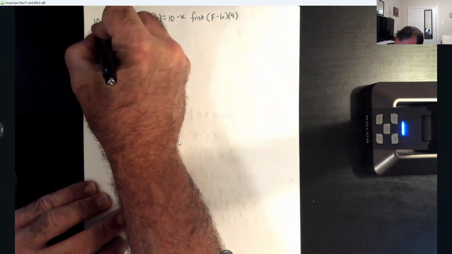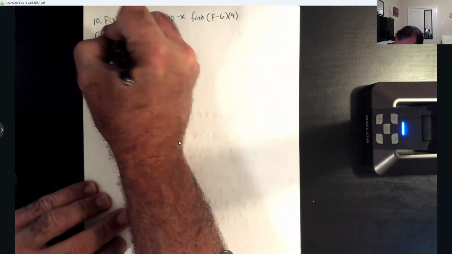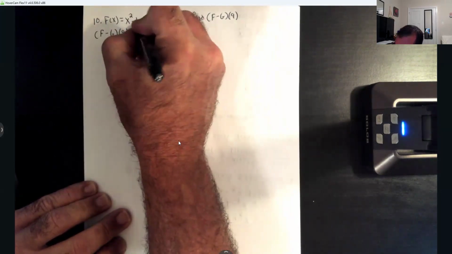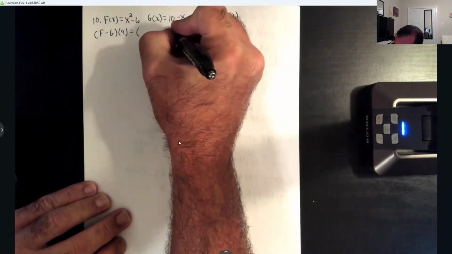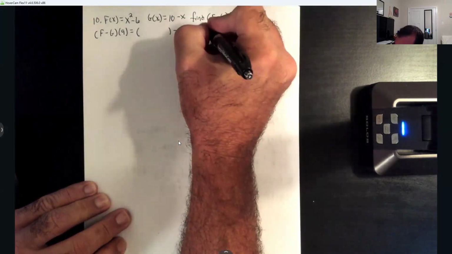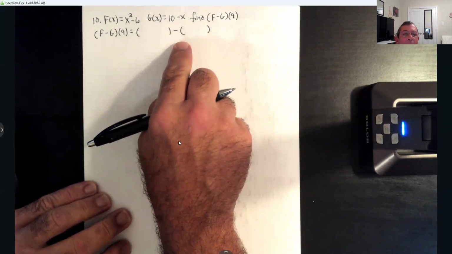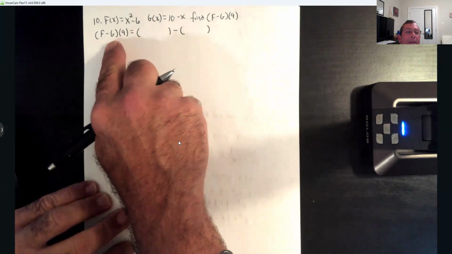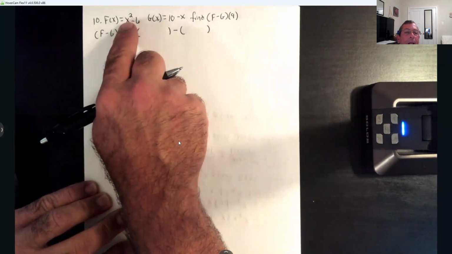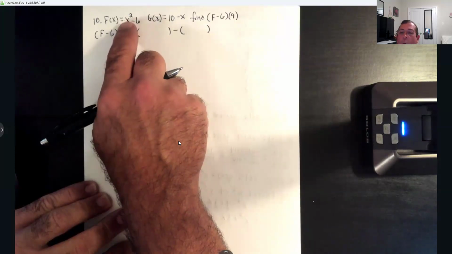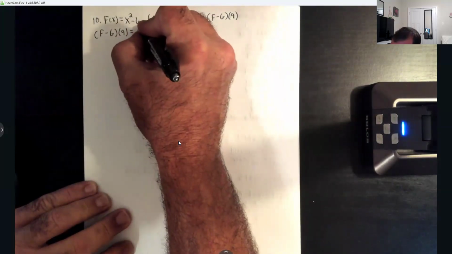So I got f minus g of 9 will equal my f minus my g. So I'm going to start them out in parentheses again. But now when I put my f in, I'm not going to put in x squared minus 6. I'm going to put in 9 squared minus 6.